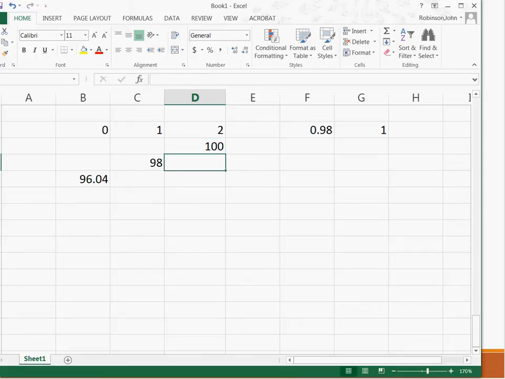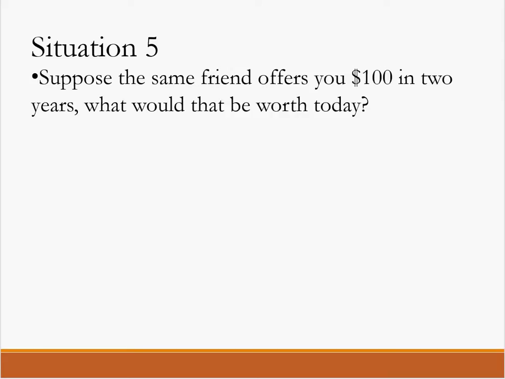And if you think about that process, we could do this over and over and over again, and we can move money as many times forward and backwards as we want. So that's where we're going to get to in situation 6. Now I'm changing the interest rate a little bit in situation 6 to make things simpler, because if you go back and look at this, what is the interest rate here?